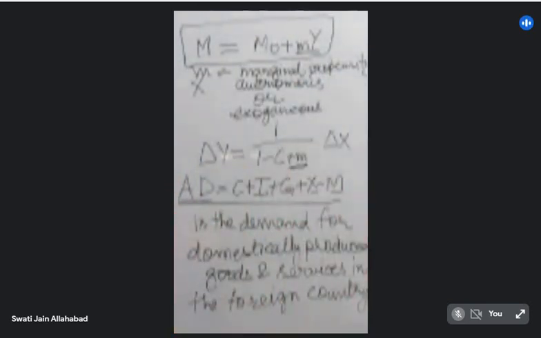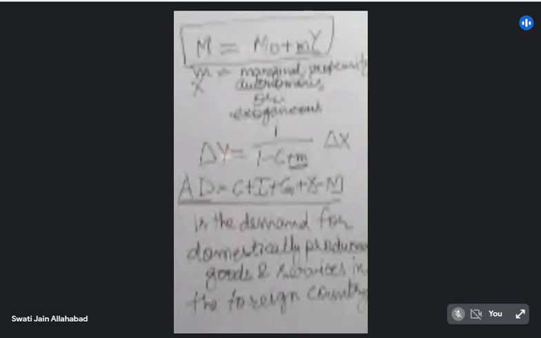As you were using marginal propensity to consume, as you were using marginal propensity to save, now there is a marginal propensity to import. Can anyone tell me how I will calculate marginal propensity to import?